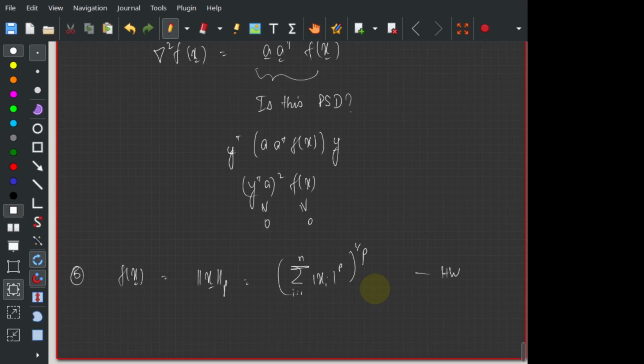The mod does matter. To begin with, you can prove it for even p, where the mod is not required, but you don't necessarily have to use the second derivative test. Right? So let's stop here.